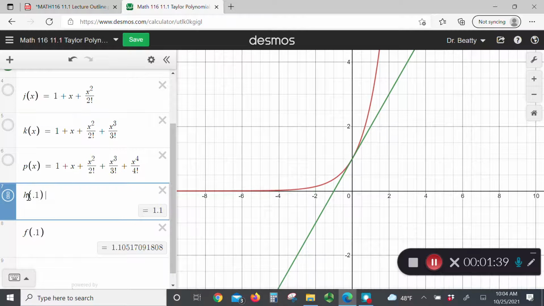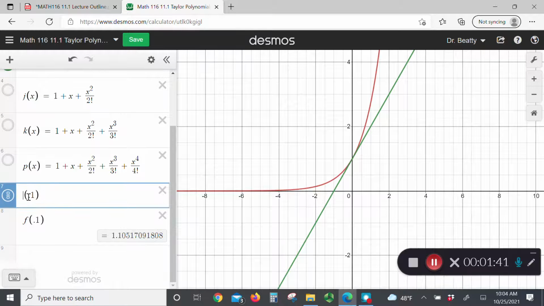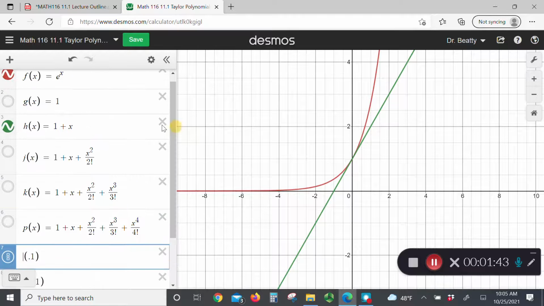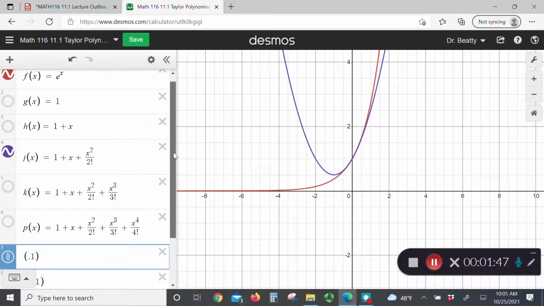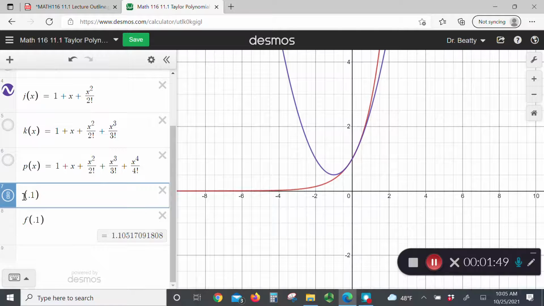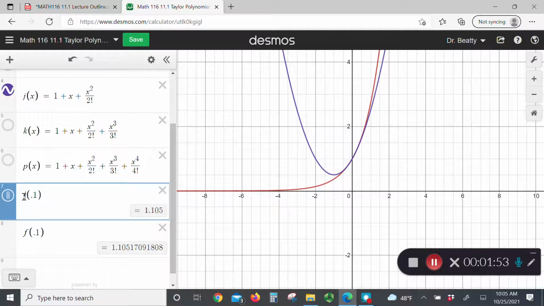What if I go to the function j? Let's get it up here first. So we know j is following a little bit closer. So what happens if I substitute 0.1 into my function j? I'm getting a little closer, 1.105.